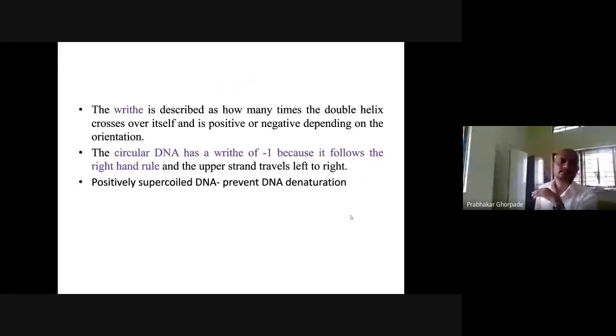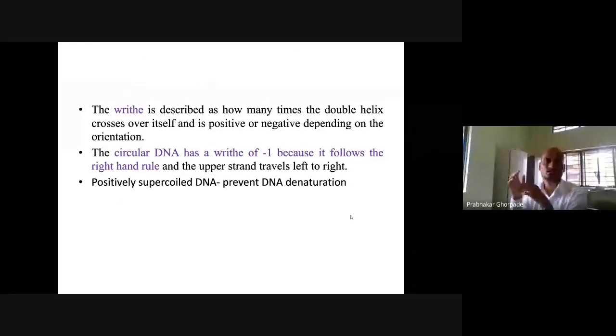Writhe is how many times the double helix crosses over itself, and it is positive or negative depending on the orientation. So twist is related to one strand twisting around the other, and writhe means how much the DNA helix crosses over itself.